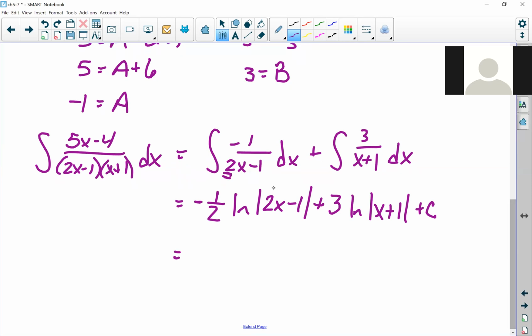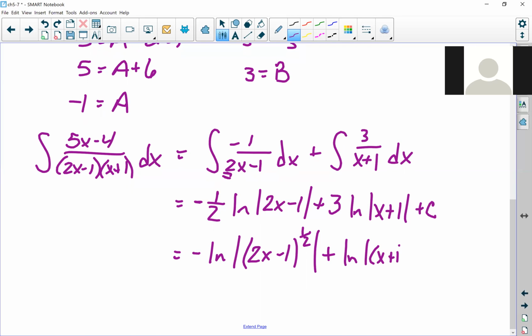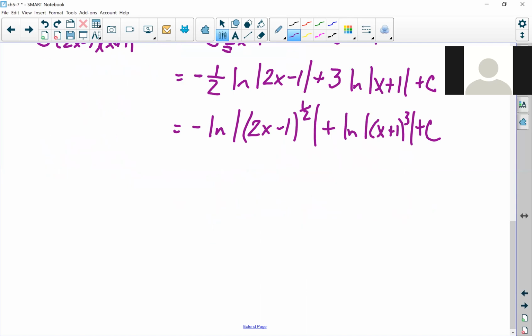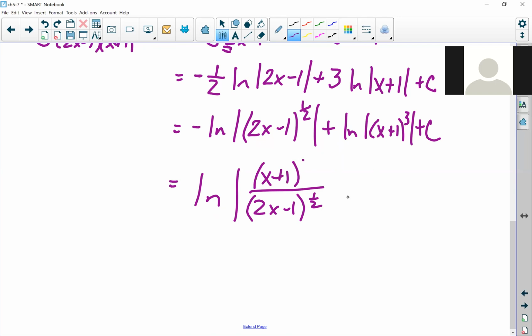I'm going to pull the 1/2 inside. And now this one's a little bit different because the first term is negative. So that just means in my logarithm, the 2x minus 1 to the 1/2 goes in the denominator, and the x plus 1 cubed goes in the numerator.